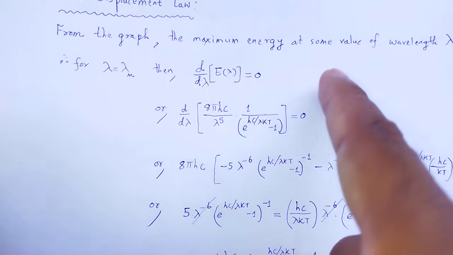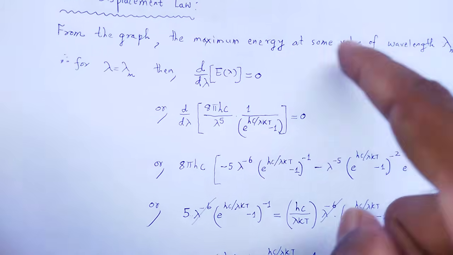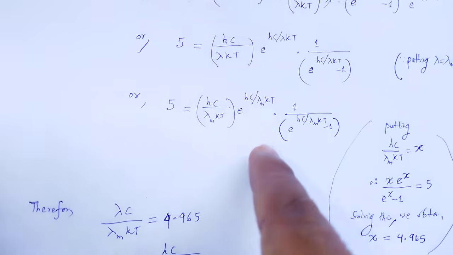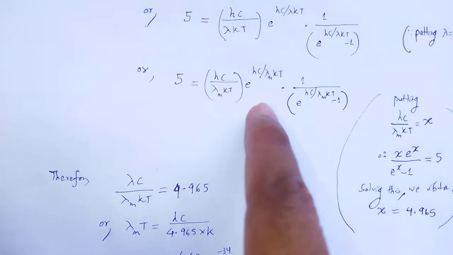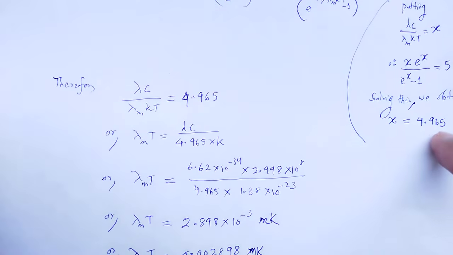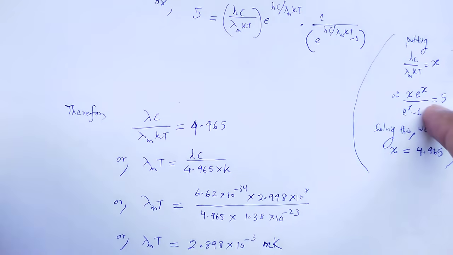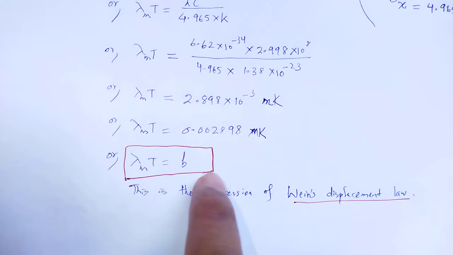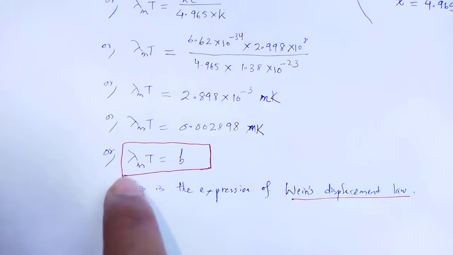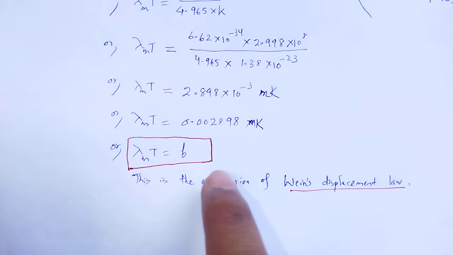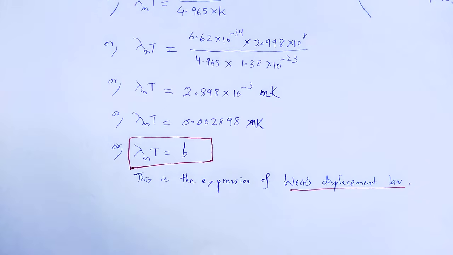Similarly, for maximum wavelength, its first order differentiation results as 0, proceeding like this, and for the value of x, that is 4.965, that expression holds good. Putting that value, we obtain the constant, that is Wien's displacement constant, and finally we derive Wien's displacement law from Planck's law.